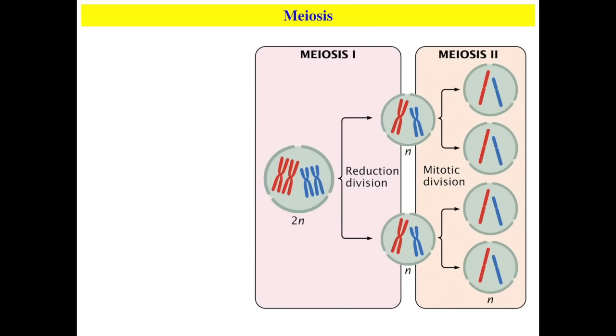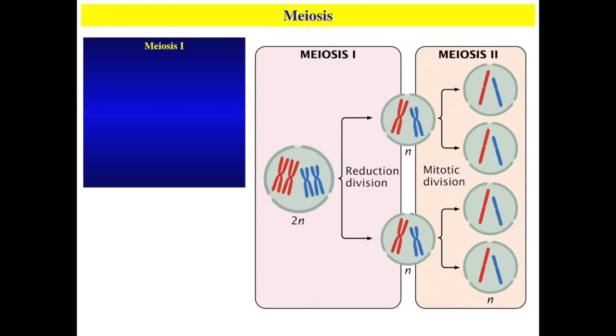Here's an overview of meiosis. During meiosis I, there's a reductive division. The homologous chromosomes pair. The chromosome number is then cut in half.